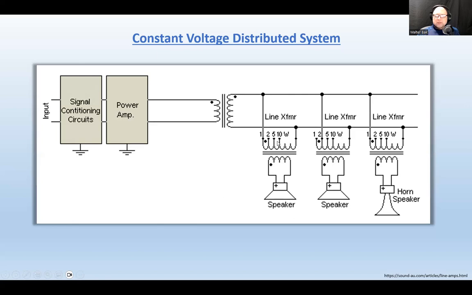Now, also, there are certain taps. You see, here is the transformer, the primary winding of the step down transformer. Here's the beginning of the winding, and here's the common side. This speaker station is tapped at something that's called 1 watt. This speaker station is tapped at 2 watts, and this speaker station is tapped at 1 watt.